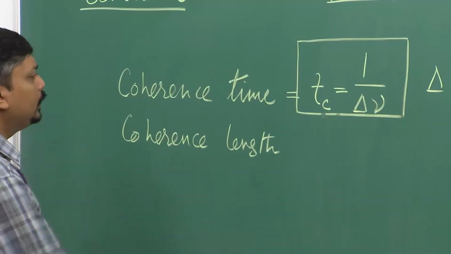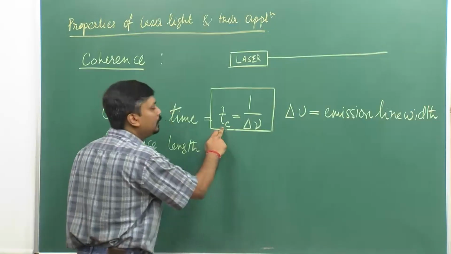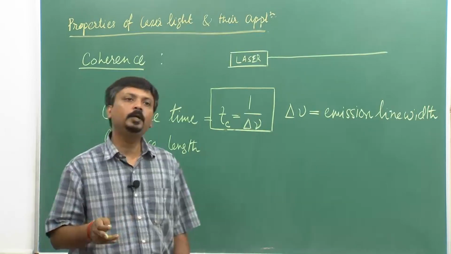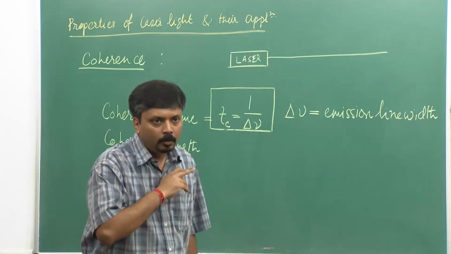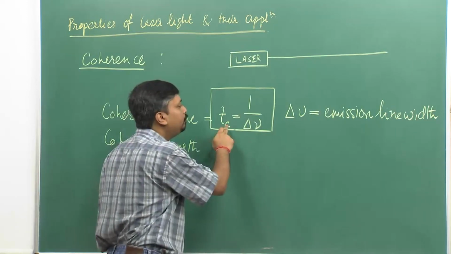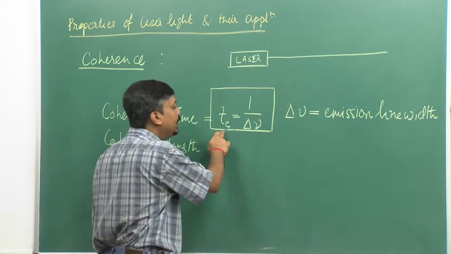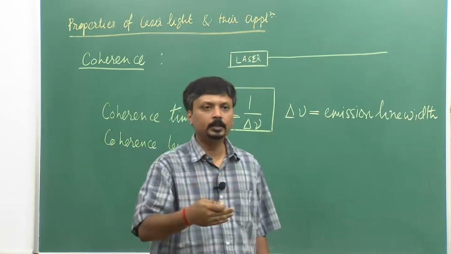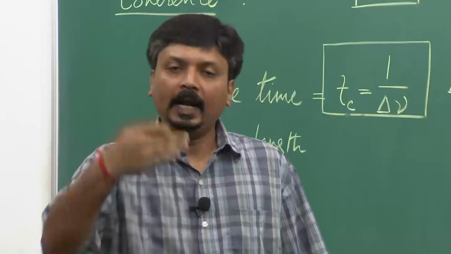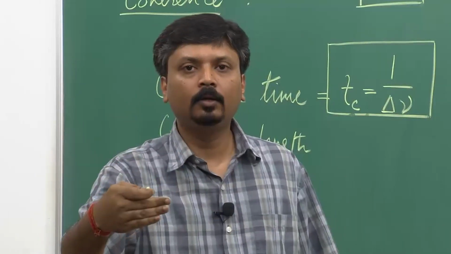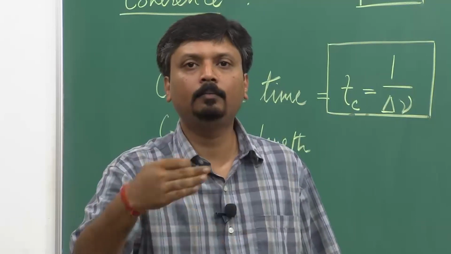So if there is a coherence time, then definitely there will be a coherence length, because up to Tc, if the beam is coherent, then the length or distance covered by photons in that period of time Tc will have its coherent property intact.